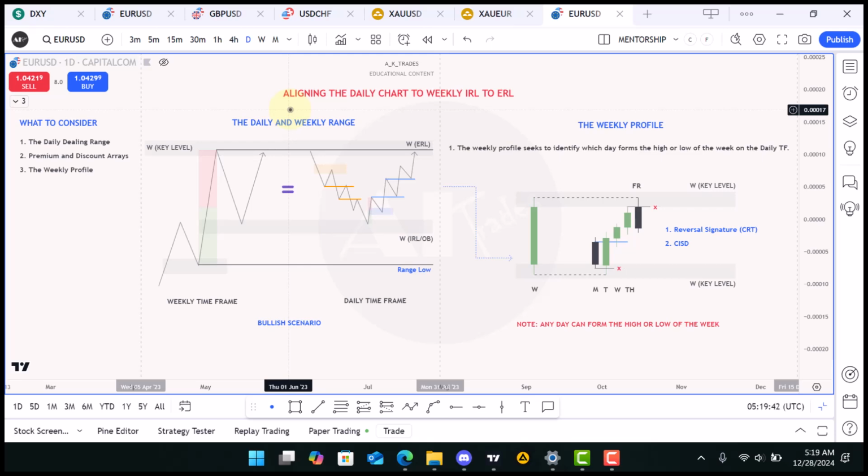Now, when that happens, it doesn't mean I can't trade within that week just because I'm not really clear on the bias on the weekly chart.